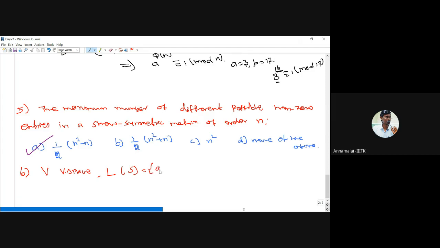So it's nothing but a1 x1 plus a2 x2 plus etc. plus an xn, such that the xi's vary in S and the a's are scalars.